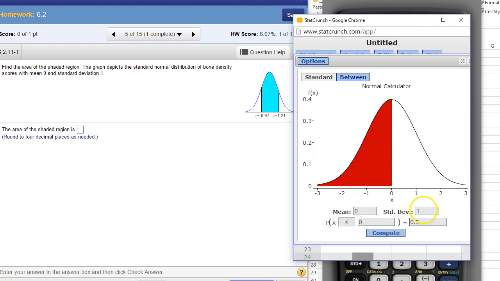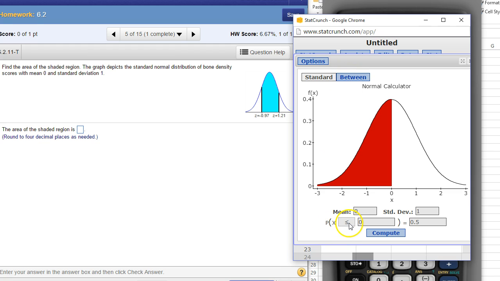By default, it's giving you standard normal, but there will be problems when you need, in 6.3, there'll be problems where these mean and standard deviation are no longer 0 and 1. So do make sure to pay close attention to that in 6.3. But for 6.2, it's always a mean of 0 and standard deviation of 1 once you get into these standard normals. All right, this is a between probability.